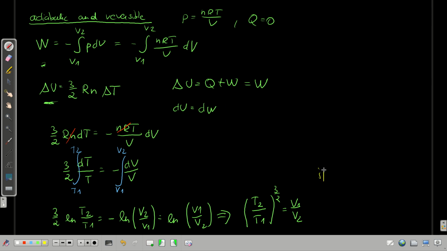So let's write this down. If V2 is bigger than V1, it follows that T1 is bigger than T2. Or in other words, if one expands the ideal gas in an adiabatic and reversible process, then the gas cools down, as was the case for the isobaric example.